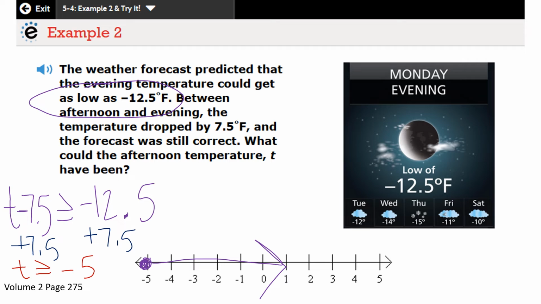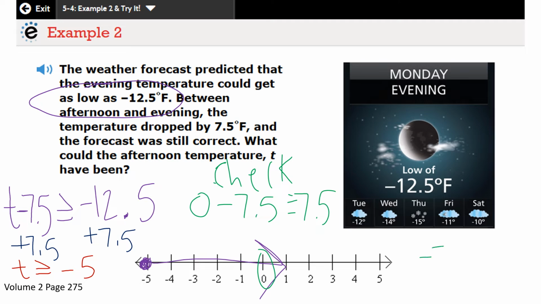And then you can check and make sure that you solved this correctly. So if I wanted to check, I could say, well, on my solution graph, 0 was a possible temperature in the afternoon. So then I can check 0 minus 7.5, because afternoon temperature dropping 7.5 degrees equals, sorry, negative 7.5.